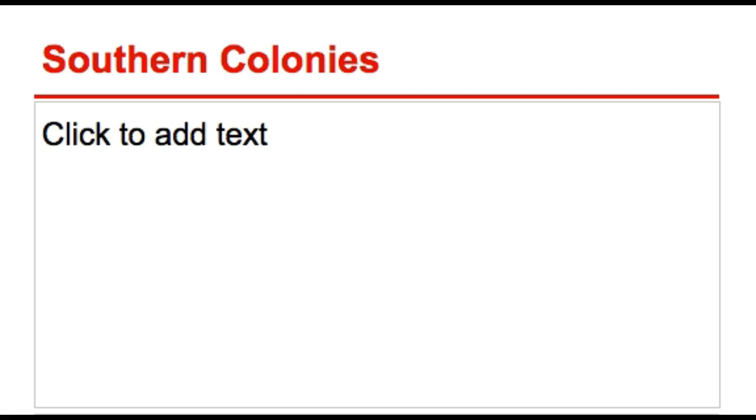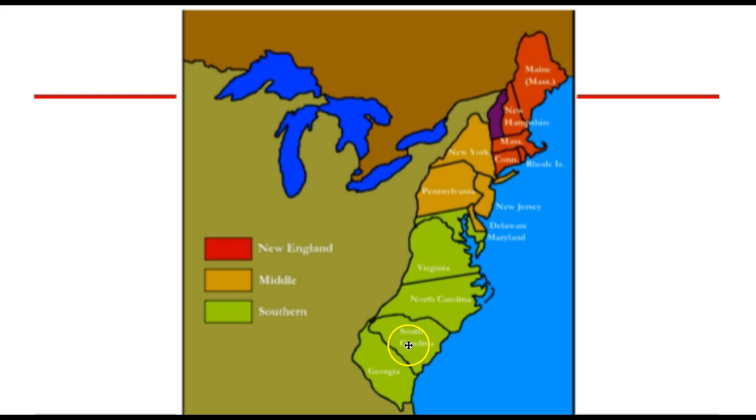All right, our next region, our last region, is the Southern colonies. So go ahead and write that under your main idea. This is our green region. This has Maryland, Virginia, North Carolina, South Carolina, and Georgia.